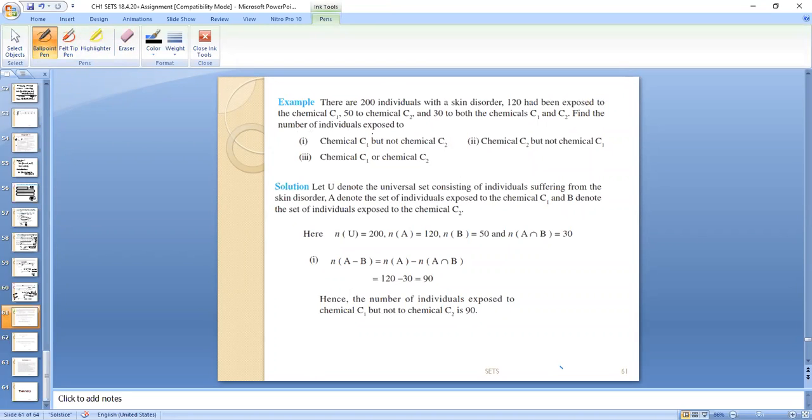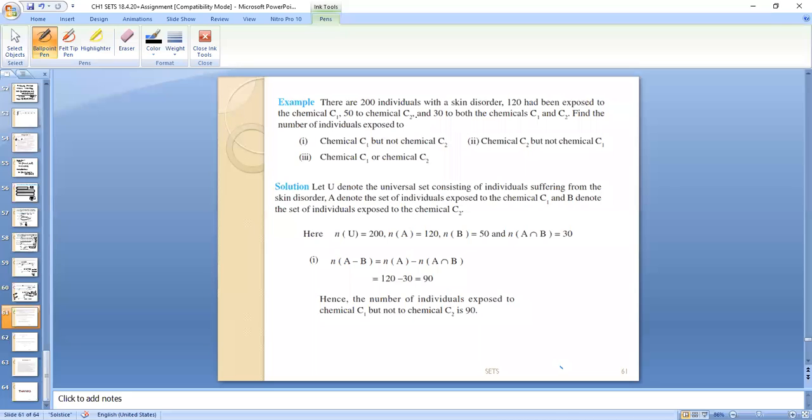Find the number of individuals exposed to chemical C1 but not chemical C2, chemical C2 but not chemical C1, chemical C1 or chemical C2, right? So again, we have to analyze the statement.